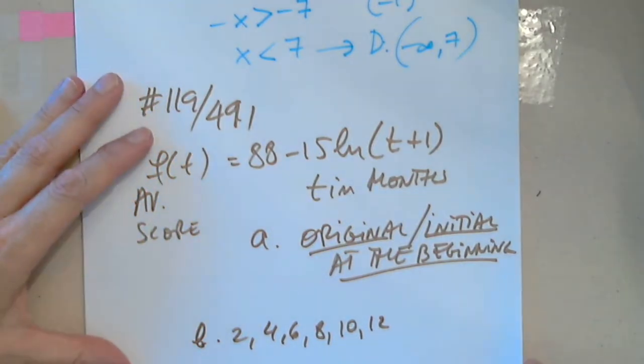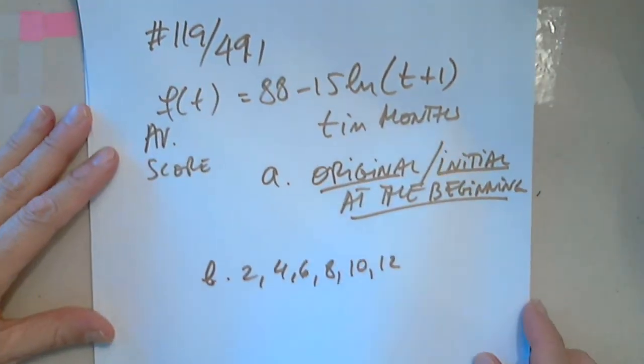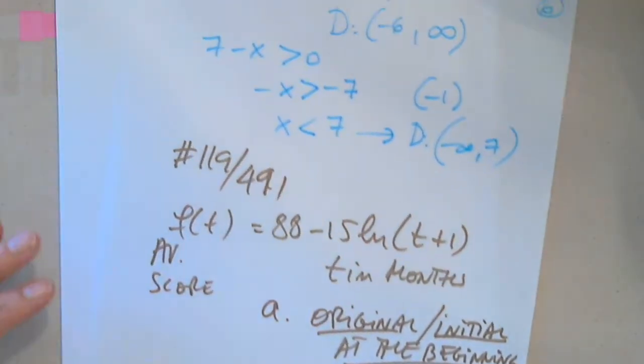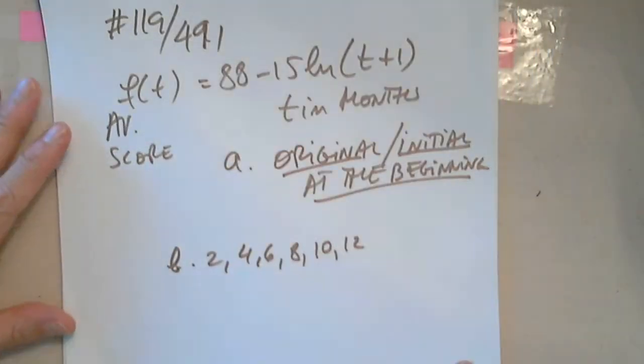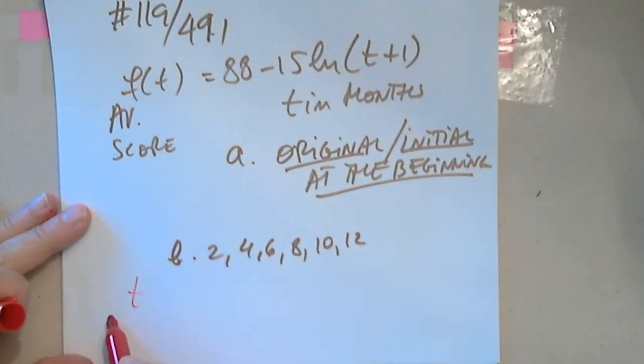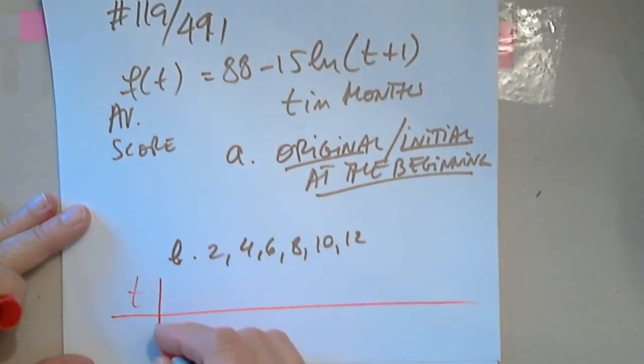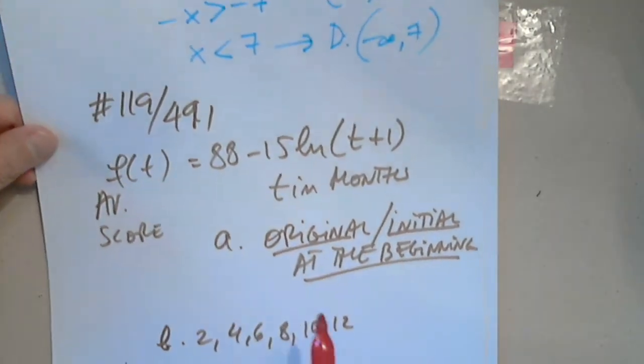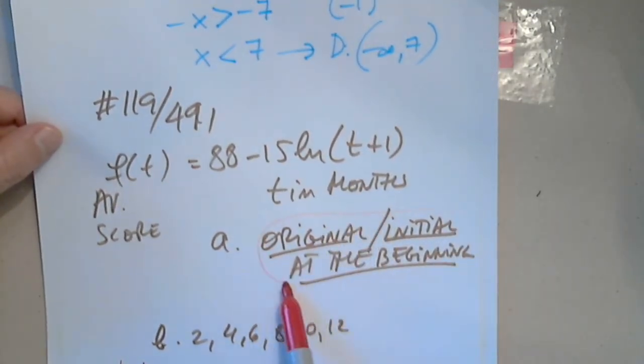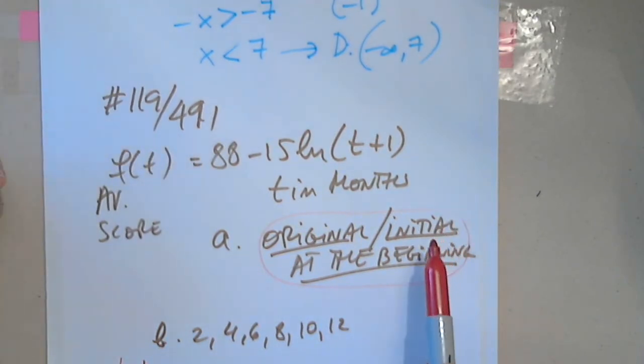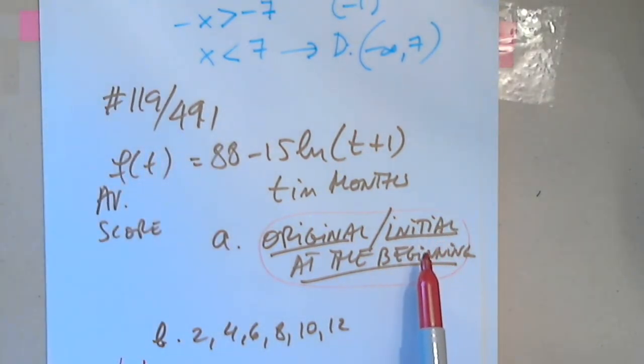I'm going to create a table. The table will be t and f of t. But I can't start a table before you tell me what this means. What am I asked when I'm asked to determine what was the original?